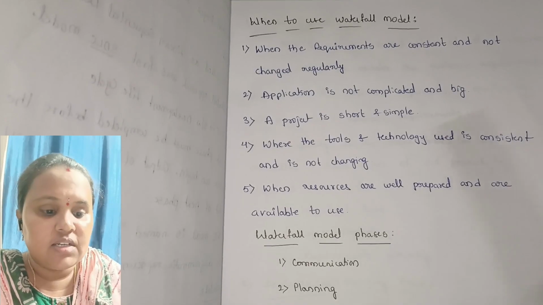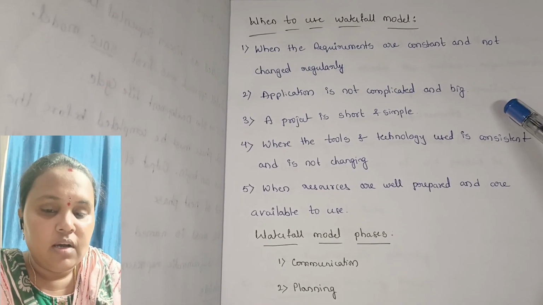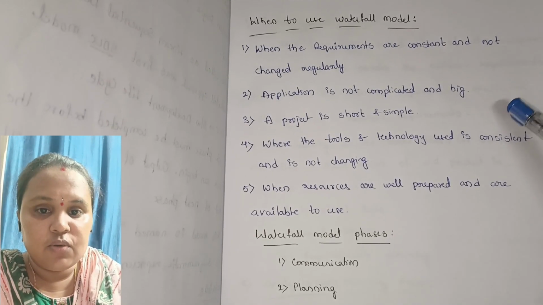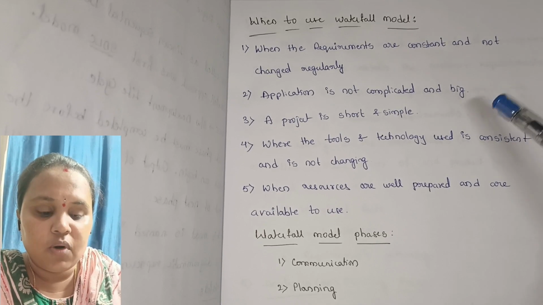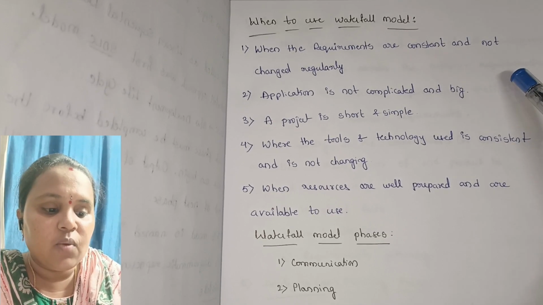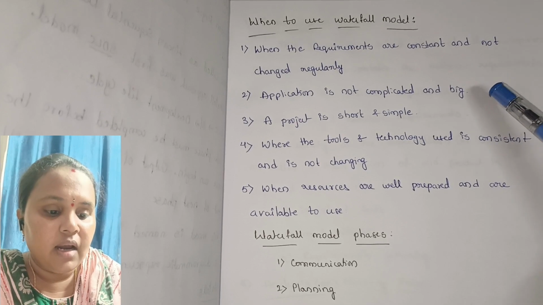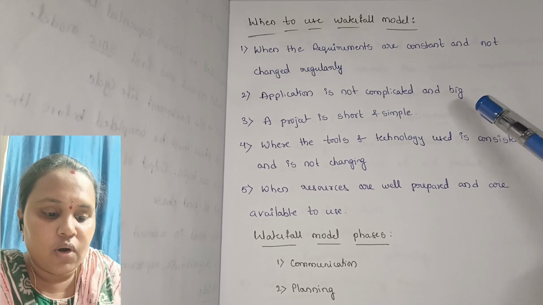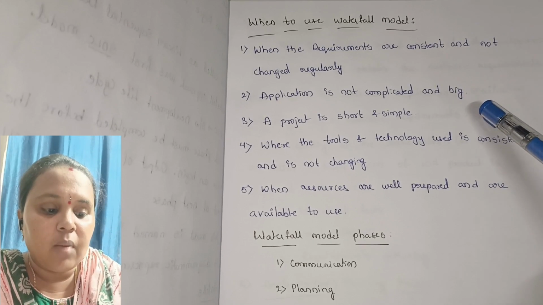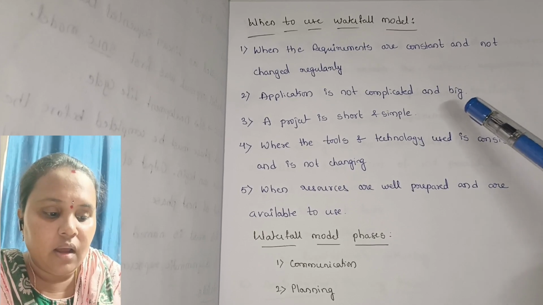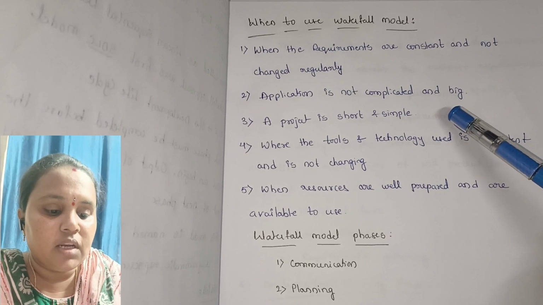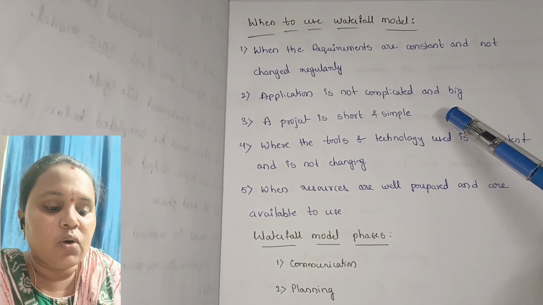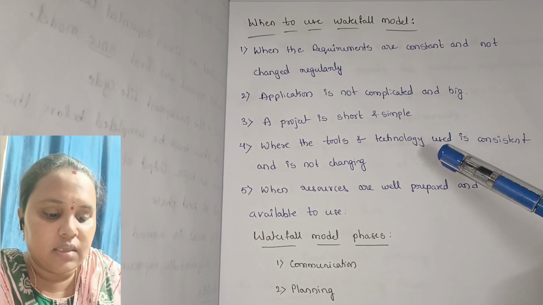Coming to the next, we'll consider when to use the waterfall model. The first thing, when the requirements are consistent and not changed regularly, we can use the waterfall model. Next, when the application is not complicated and big. Next, when the project is short and simple.